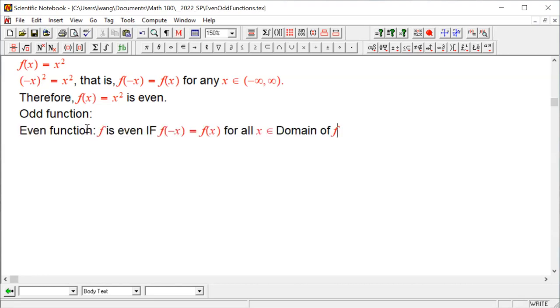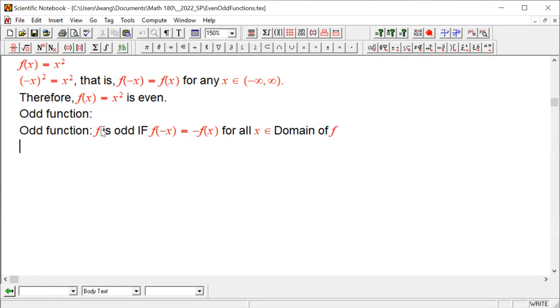Okay, so I'm going to just change a few words. You see what I change, right? Odd function. So f is odd if, I'm going to put a negative sign here. That's all I need to change.